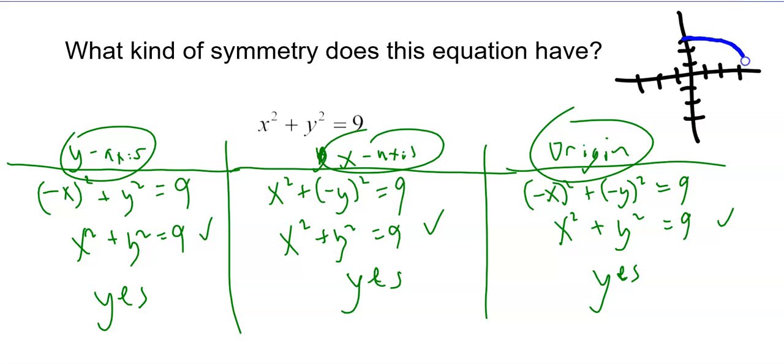I think the graph of this would look something like this, roughly. It's a circle, right? And so a circle has y-axis symmetry. You can fold it over the y-axis, fold it over the x-axis, rotate it around the origin, and it has all three symmetries. So that's the only kind of shape I would think that has all three symmetries in one equation. That's your lesson.